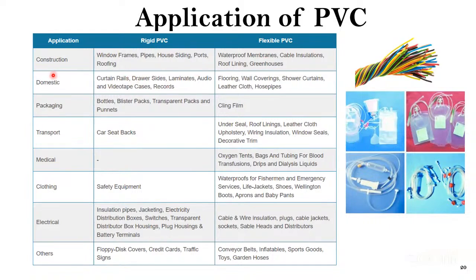In domestic use, there are a lot of drawer sites where you use this PVC, and laminated audio, and these are the domestic. But for the flexible, you use the flooring. Shower curtains that many people have used, but right now people are not using that.